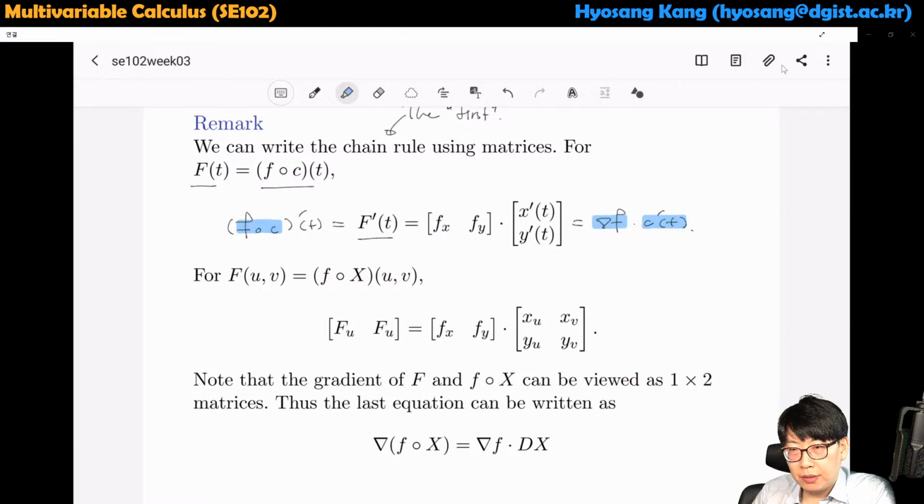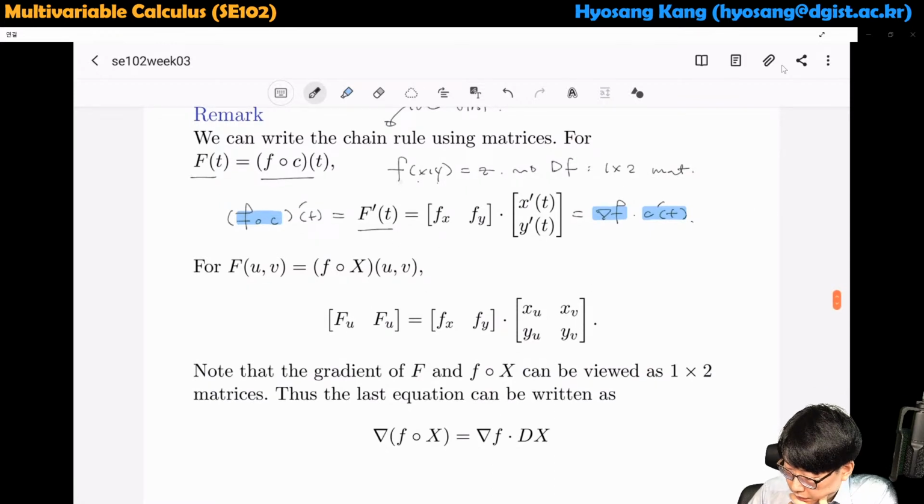This multiple is not an inner product, it's an actual multiplication, because you see, in the most general definition of the differential of a multivariable function, this f has two independent variables and one dependent variable. So therefore df is what? A 1 by 2 matrix. Okay. How about c? In c we have one independent variable and two dependent variables, right?